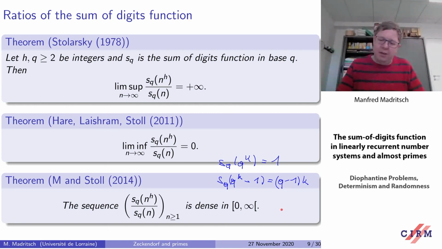For automatic sequences, we didn't look at this. I have no idea, but the proofs are quite tied to the q-adic expansion.